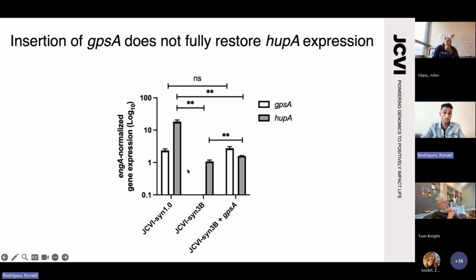So this is the qPCR experiment that I did, where we can clearly see restoration of GPSA expression. But surprisingly, it looks like if you add GPSA back into the native spot, you get a little increase in HUP-A expression, but not to the level that we see in SYN 1.0.